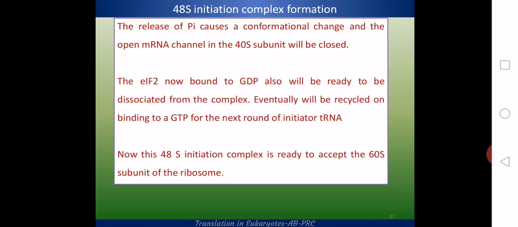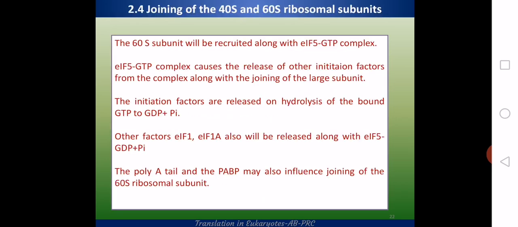And now this complex becomes a 48S initiation complex, right? So this complex now is ready for the next round, that means for accepting the 60S subunit of the ribosome. And that is the last stage of initiation.